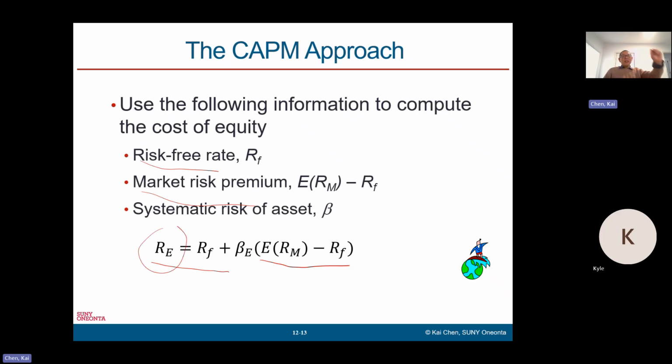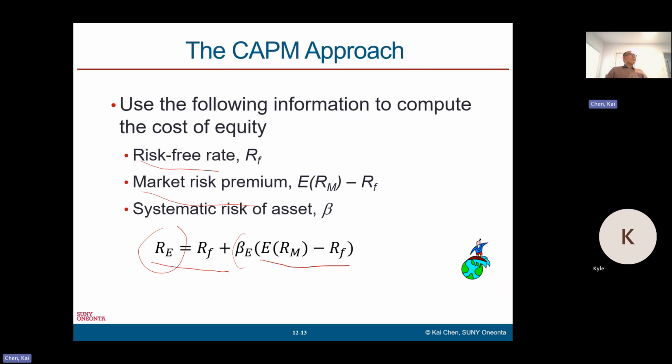As in chapter 11, CAPM establishes a quantitative relationship between the expected return and an asset's systematic risk. If we can estimate the systematic risk of an asset, we can find its required rate of return, which is nothing but the cost of equity.